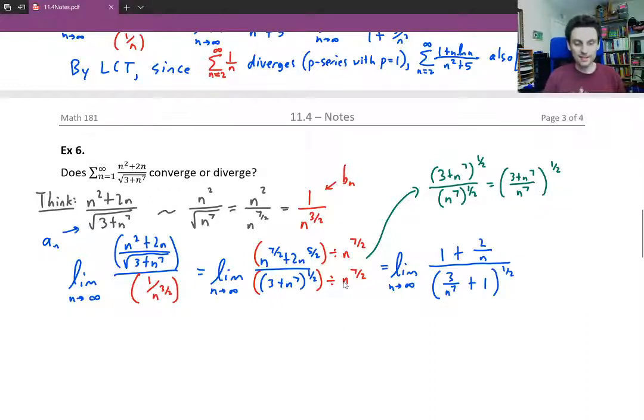So we're sneaking in the n to the 7 halves by rewriting it as n to the 7th to the half power, so that our powers are both the same, and that way we can divide the n to the 7th into the other part, into the 3 plus n to the 7th. So that helps simplify and write things as fractions, because all those little fractions go to 0.